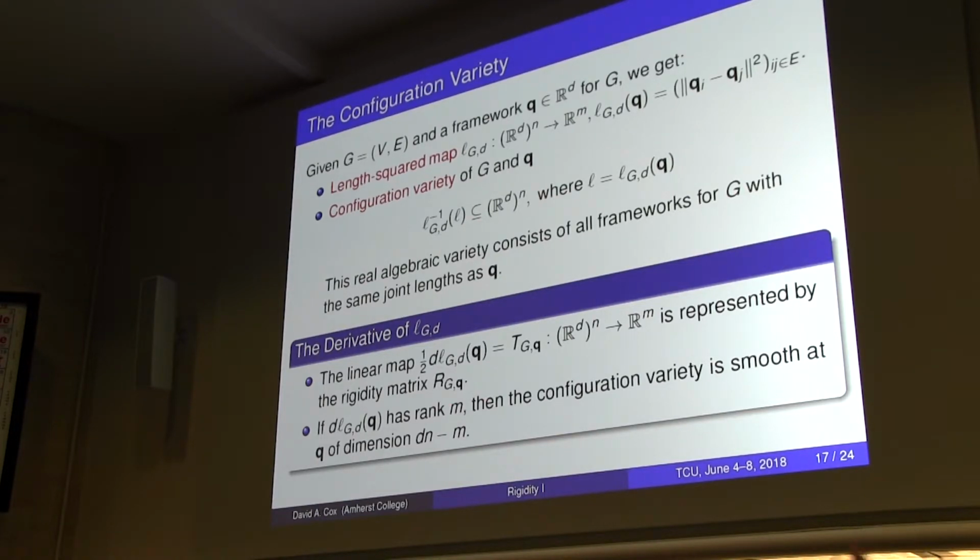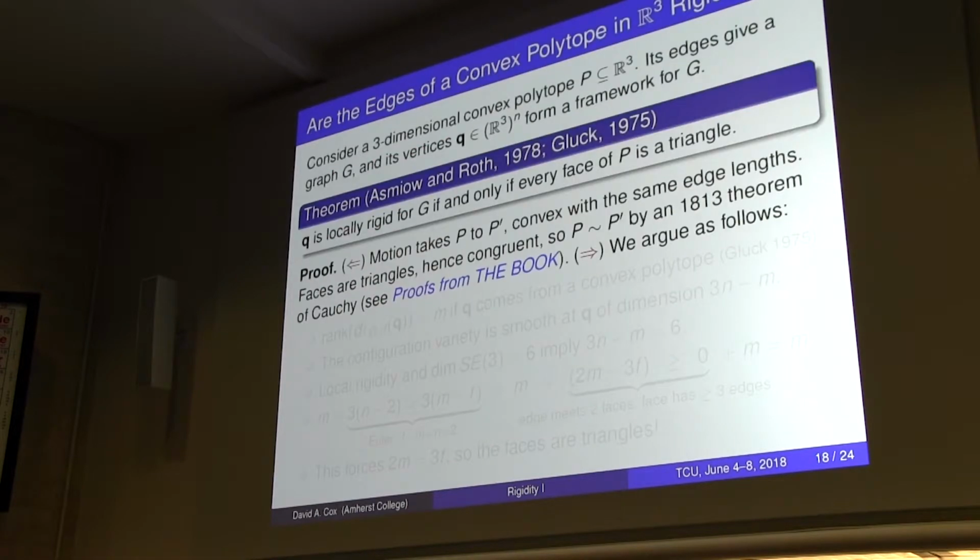And so just by the implicit function theorem, the configuration variety is smooth at this point of that dimension. So we actually know the dimension. So that's why this condition of having rank n, which is going to be an independent statement in a matroid, gives us geometric information about the configuration variety. So that we really like, and that's very nice.